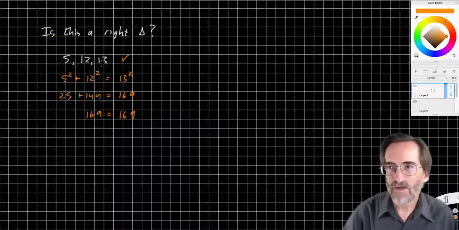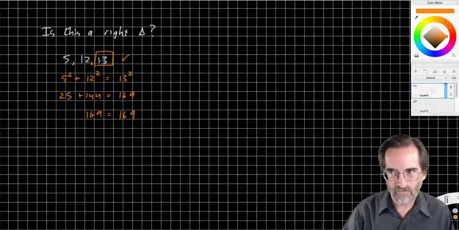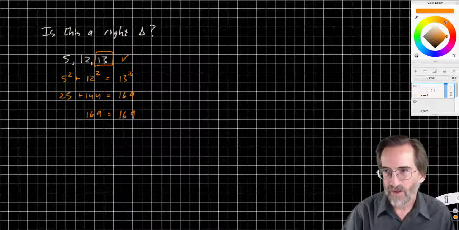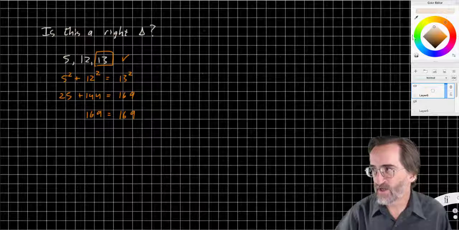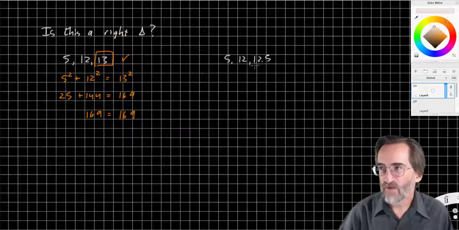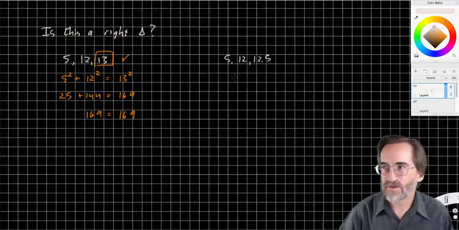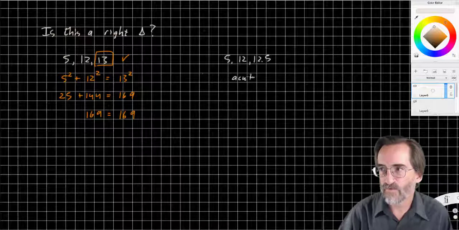Now, we can also tell if it's obtuse or acute based on this number as well. So let's say it was 5 and 12 and 12.5. Okay, that would make the large side smaller than 13, and this would be an acute triangle.